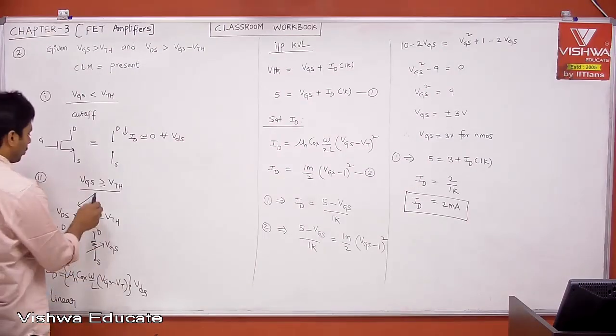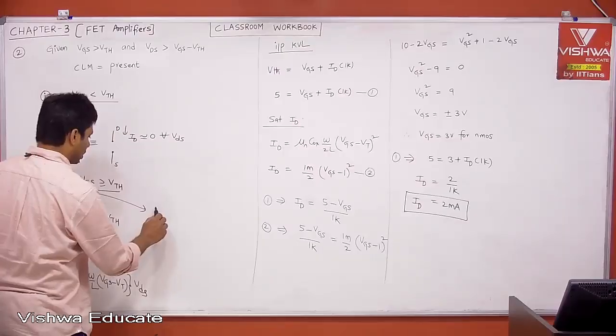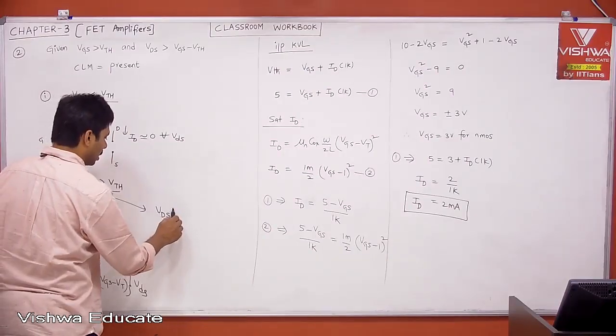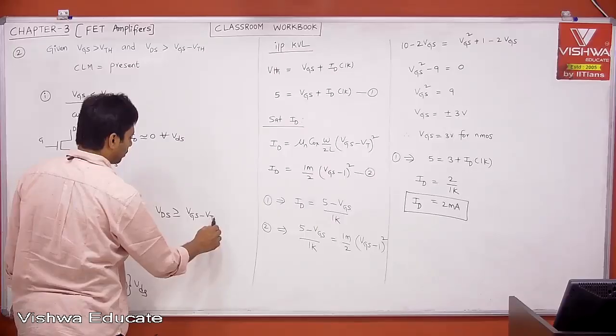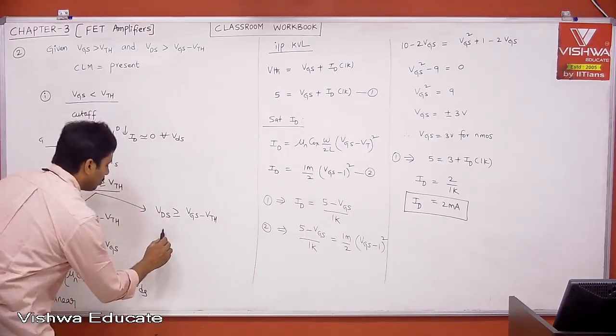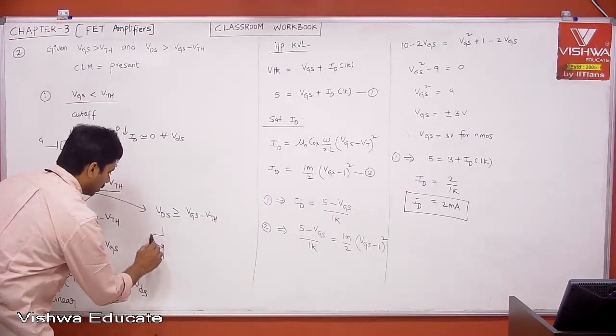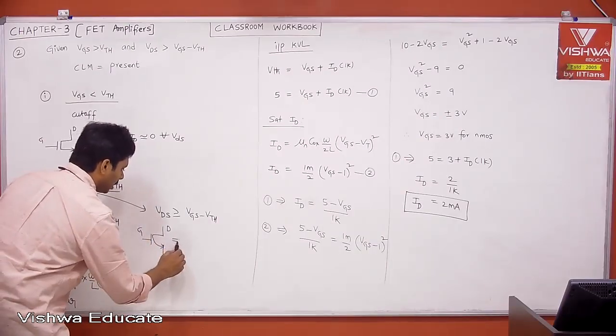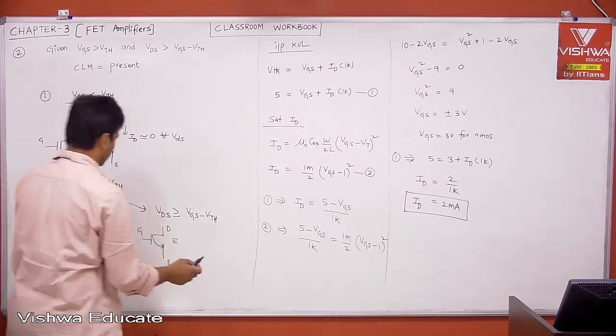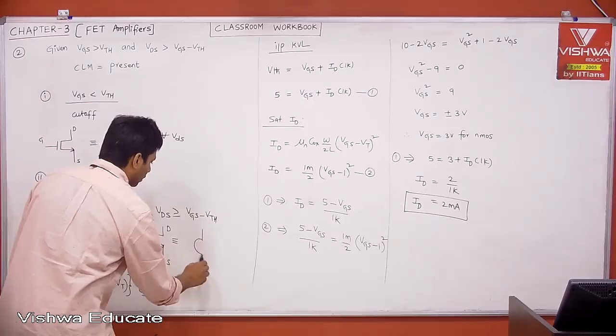Now, if you consider the other one, if VDS is greater than or equal to VGS minus VTH, then what is your MOSFET? Your MOSFET is nothing but a current source.